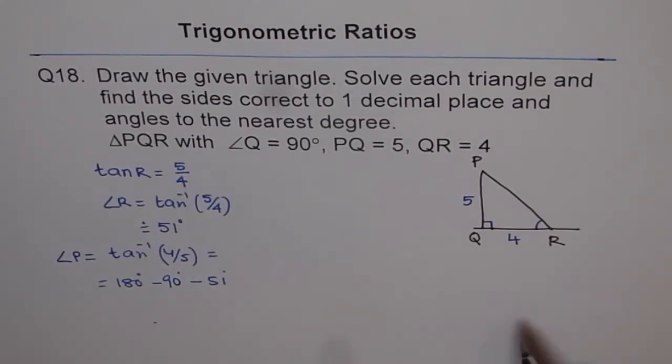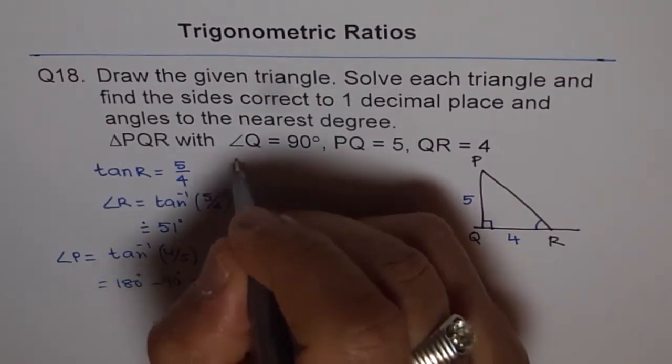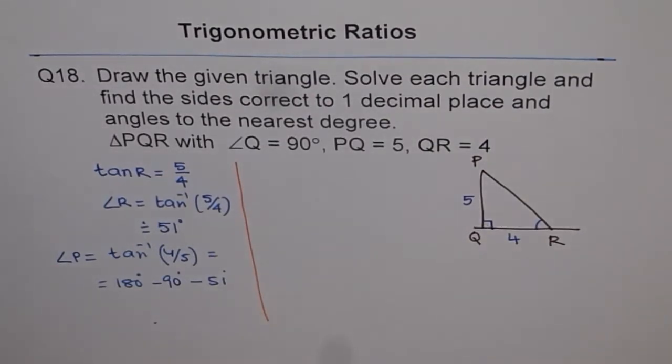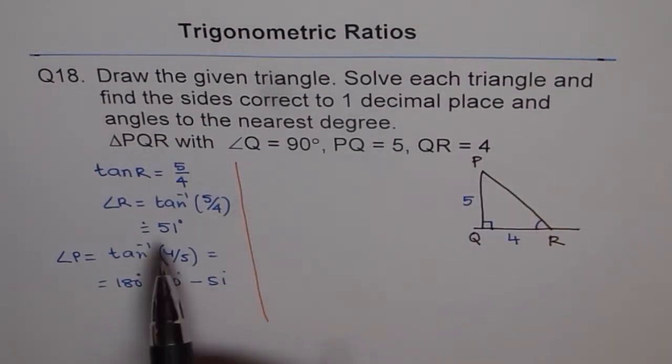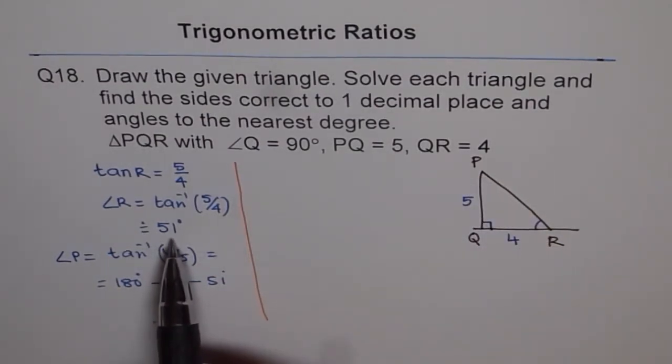Now to find PR using trigonometric ratios, we can use sine or cosine to find the side PR. To really get it accurate, we should use at least 4 decimal places for our angle.